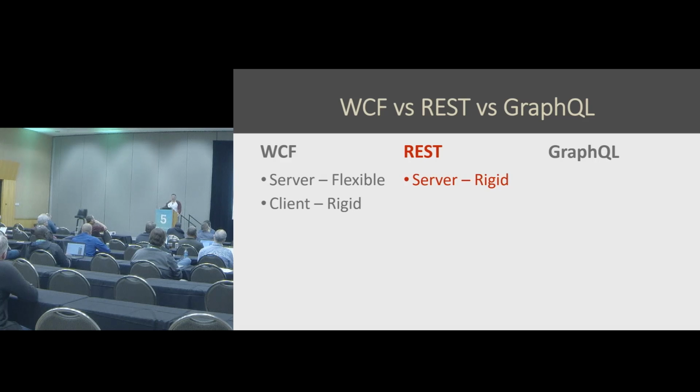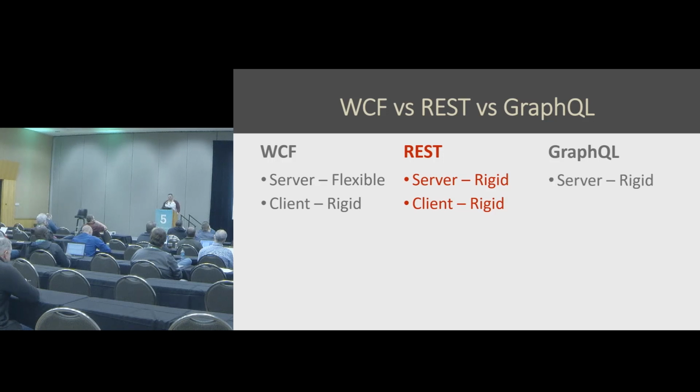It's well-defined, as we talked about, as far as how the RESTful service should work. And the client is actually also quite rigid, which if you haven't experienced that, we'll take a look at that as well. This RESTful architecture really defines what the server can and can't do. That means the client has to adhere to those same principles.